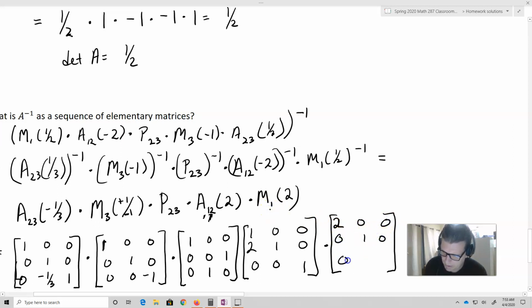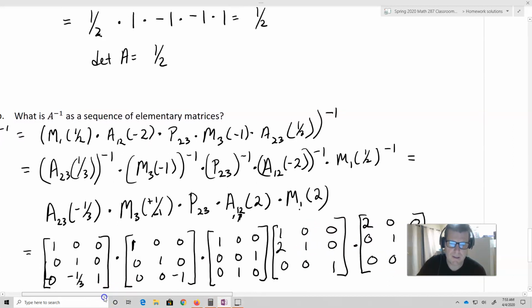All right, and there are our elementary matrices. And that is A inverse. How would you find A inverse? You'd multiply all these together. Ta-da!